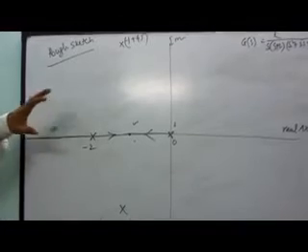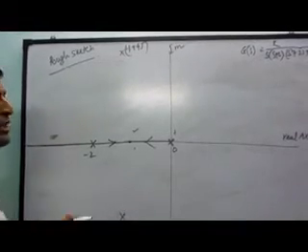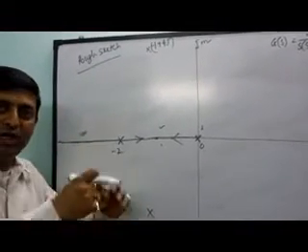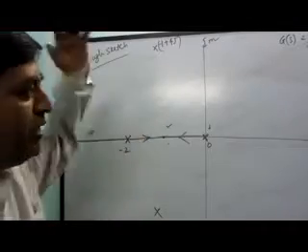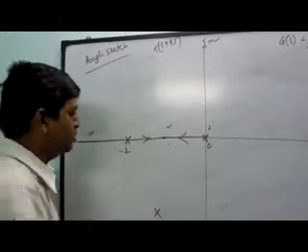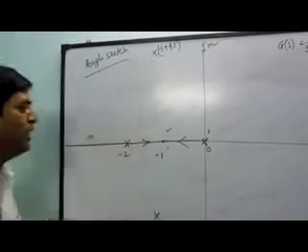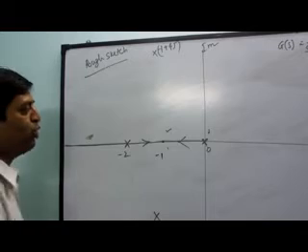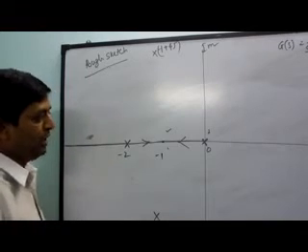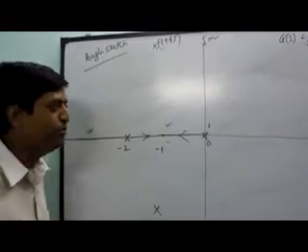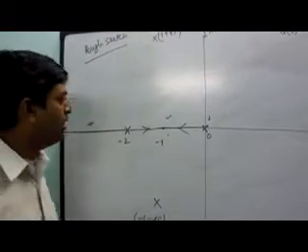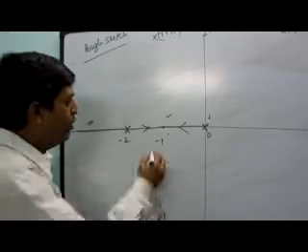The centroid means the intersection point of the asymptotes on the real axis. Previously we have determined the centroid point is at -1. So let's start from this point to draw the asymptotes. The first asymptote makes an angle of 45 degrees with the real axis.